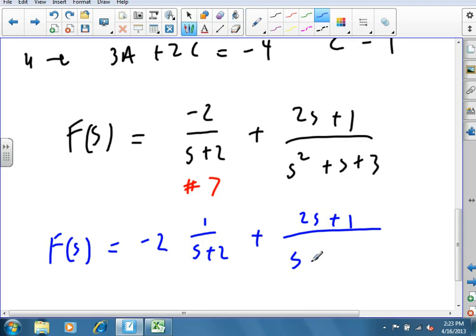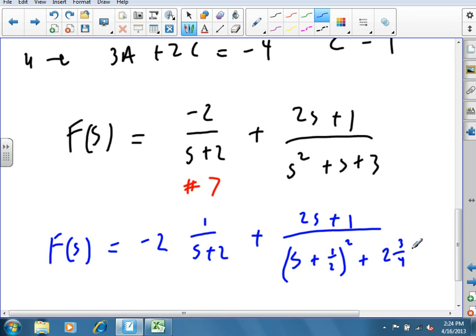Then I have to take a quarter away because I have an extra quarter over here, so that makes this 2 3/4.